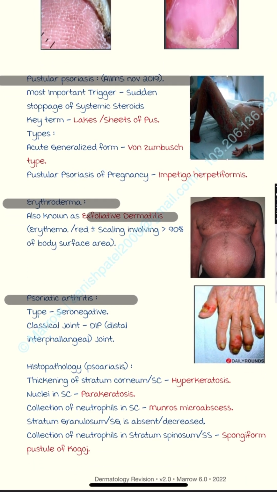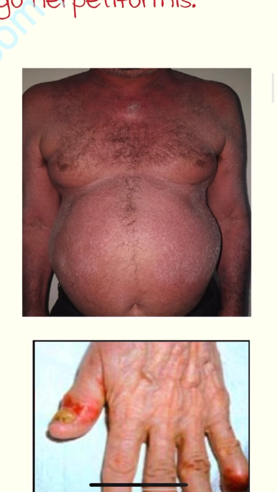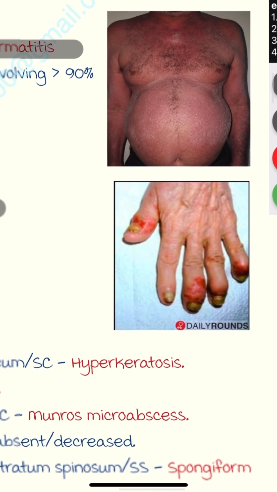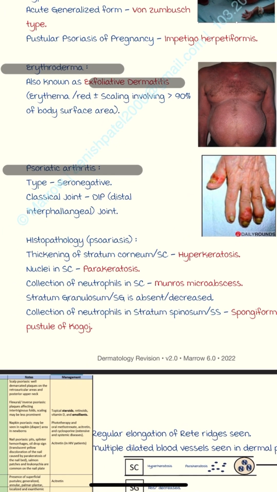Erythroderma is also known as exfoliative dermatitis. Here, erythema, red, plus or minus scaling, is involved in more than 90% of the body surface area. Psoriatic arthritis is seronegative, and the classical joint involved is the distal interphalangeal joint.